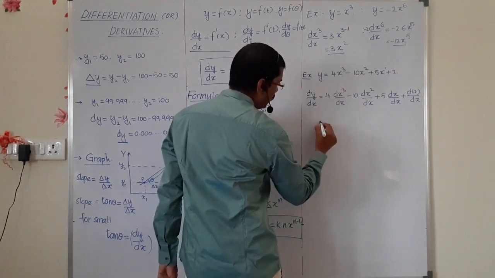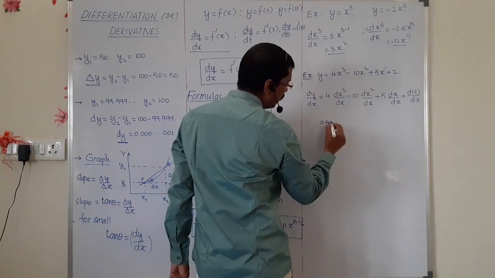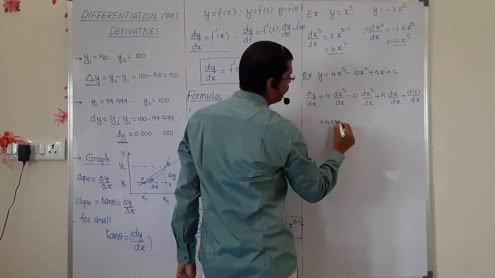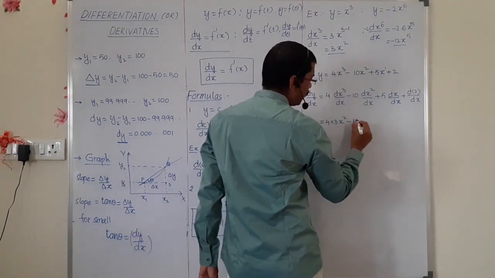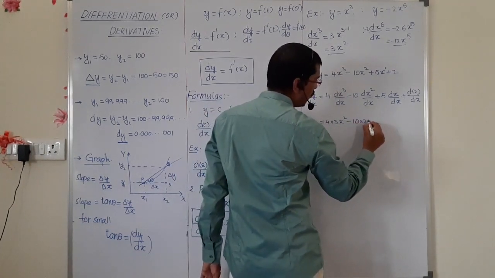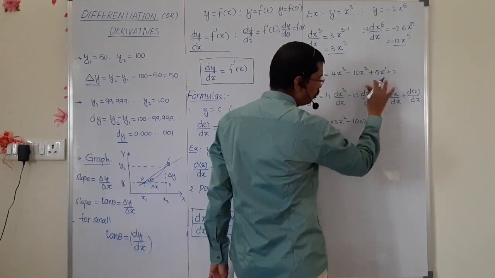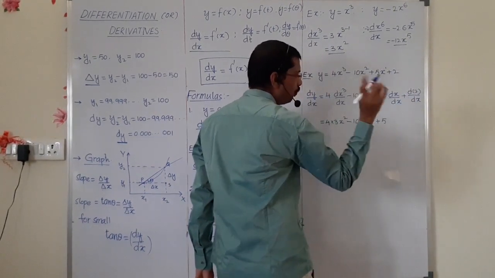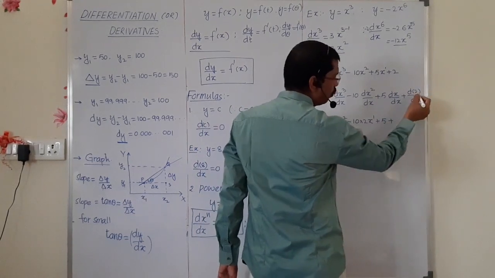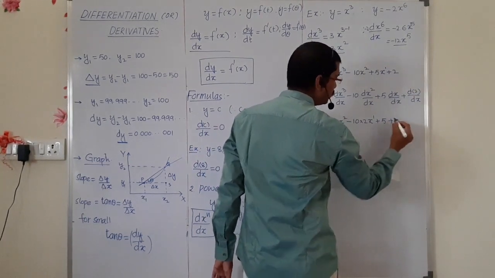Now here what will happen? The 4, the power is multiplied and decreased by 1. Then 10 multiplied with 2 and decreased by 1. 2 becomes 1. Plus 5 dx upon dx is 1, plus the derivative of a constant is 0.